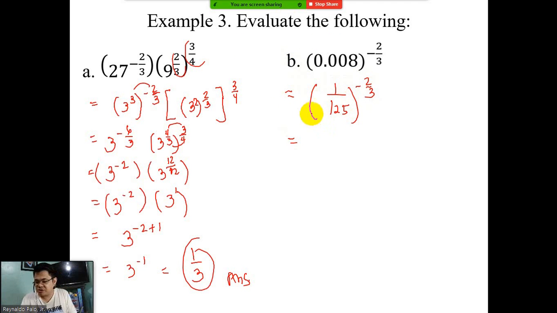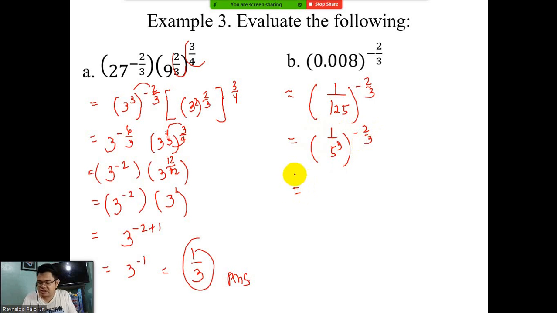Then we have to simplify 125 for us to be able to get the final answer here. So factor 125, square root will not work, and then cube root will work. So you will be getting 5 cubed. So 1 over 5 cubed raised to the power of negative 2/3.